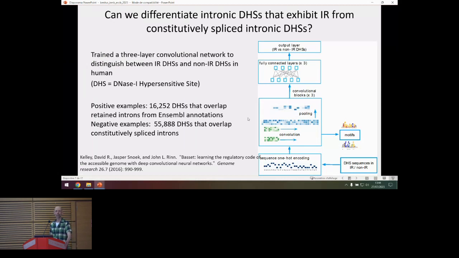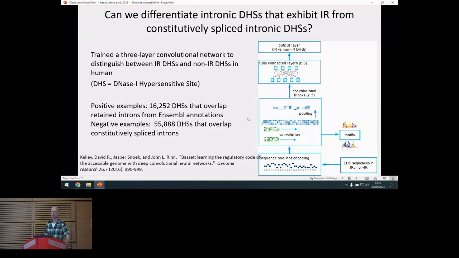We addressed a simple classification problem, trying to distinguish between retained introns and non-retained introns, with a focus on those that overlap regions of accessible chromatin, where the data came from this large collection that David Kelly assembled.